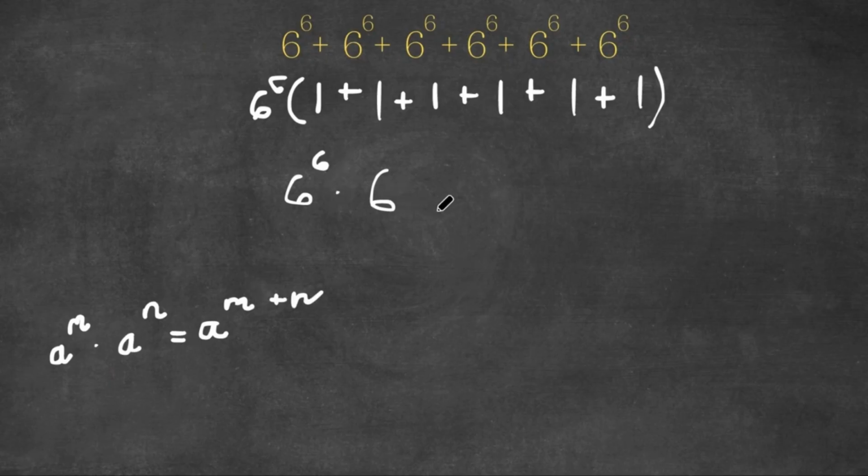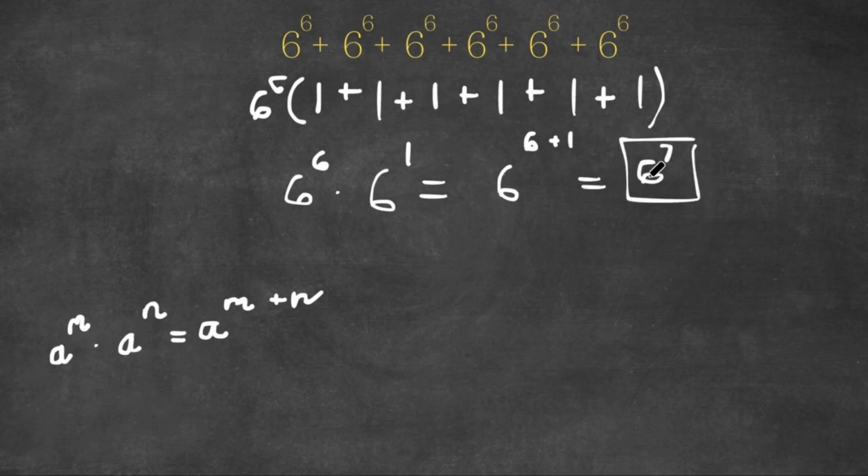Now for 6 to the power of 6 times 6, well, 6 is the same thing as 6 to the power of 1. So this is going to be 6, because we keep the base the same, to the power of 6 plus 1. And 6 plus 1 is 7, so this is equal to 6 to the power of 7.